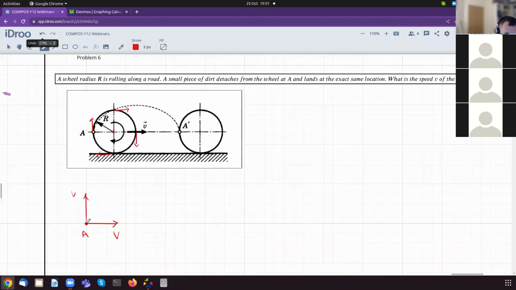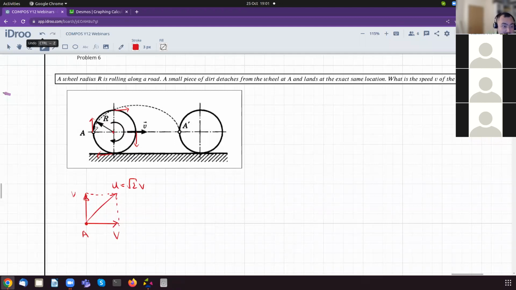So the total velocity of A, let's call it u, by geometry is the diagonal of a square, so it's square root of 2 v.